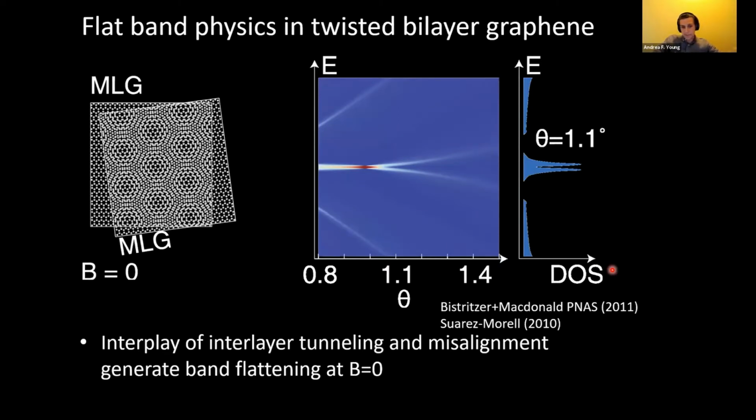This is accomplished in twisted bilayer graphene by realizing this so-called magic angle structure, where you basically have an interplay of interlayer tunneling and misalignment to generate band flattening at B equals 0. There's a kind of resonant condition where the bands get very flat, and as a result, you get a relatively flat, relatively isolated band near zero energy.